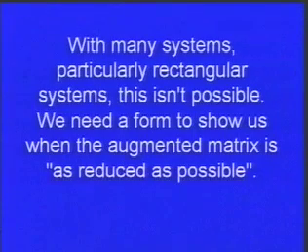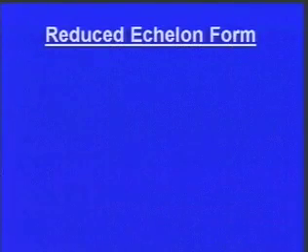Essentially, it's going to tell us when to stop if we're doing Gauss-Jordan elimination. This is our motivation for having reduced echelon form, because reduced echelon form is going to be that state when a matrix is as reduced as possible.